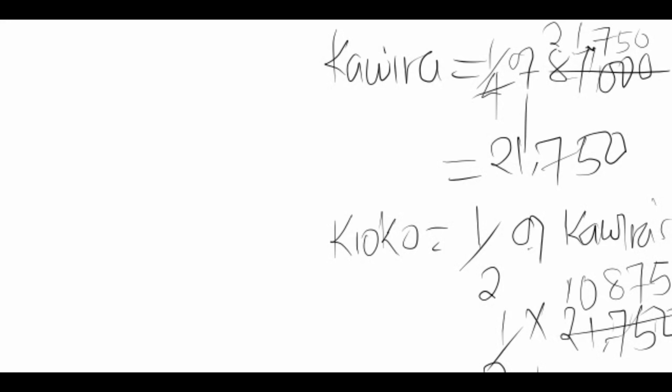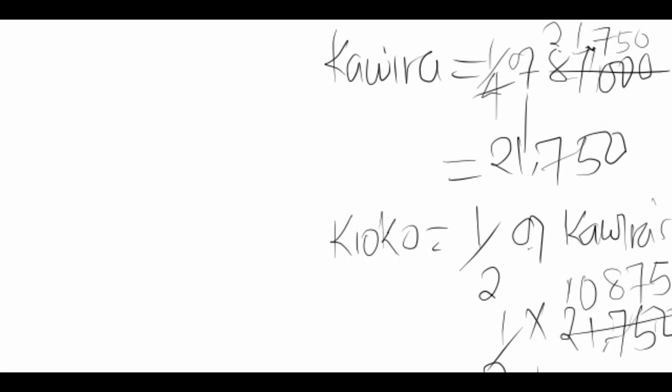Then we will know the amount that will remain from 87,000. So we have 21,750 plus 10,875.